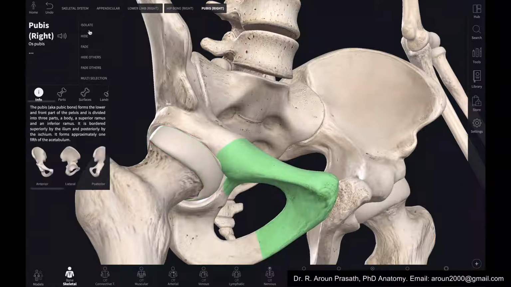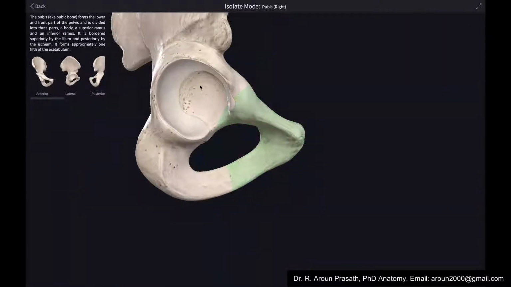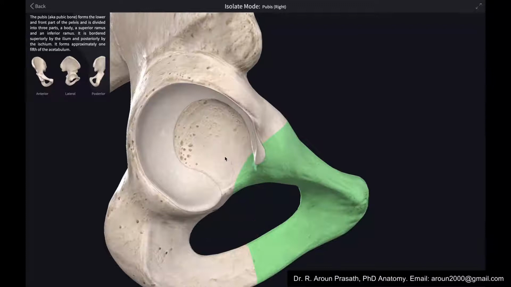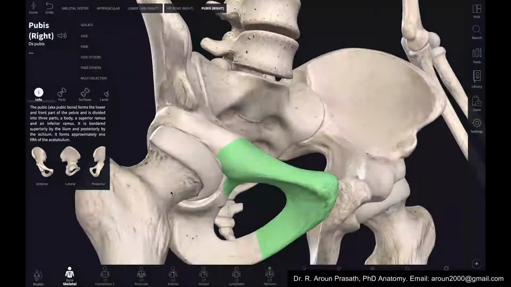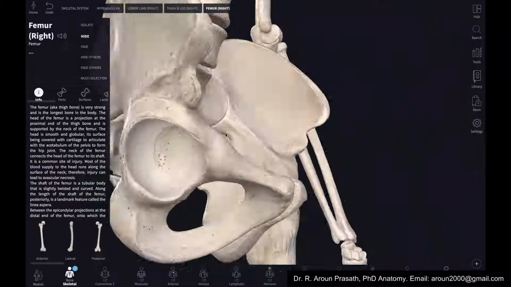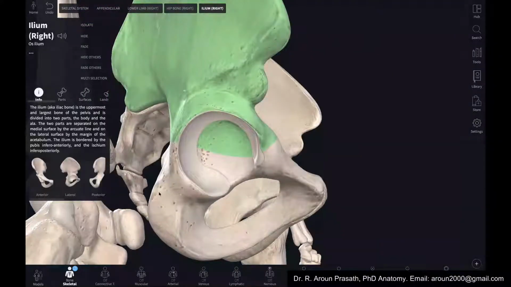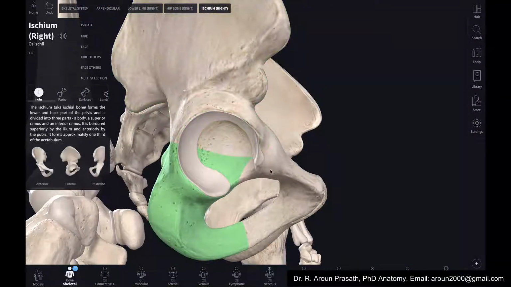And if you look at the socket, which we call the acetabulum, it is formed by part of the ilium, the ischium and the pubis. These three bones form the socket of the hip joint, called the acetabulum.